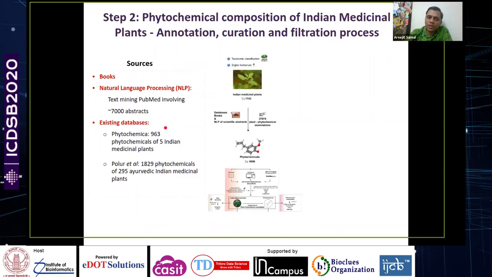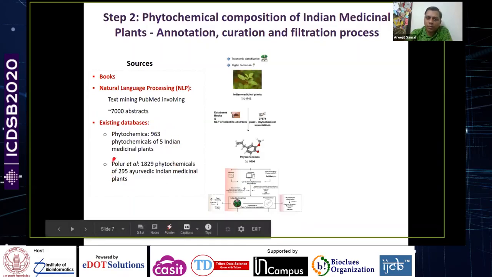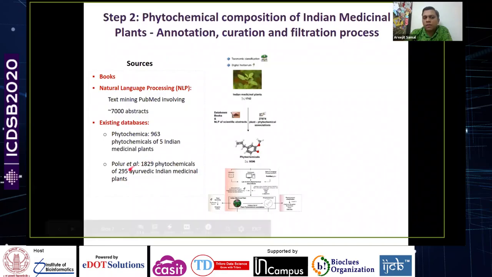So I should mention that my colleague Ganesh Baglar, who is now at IIIT Delhi, had built a database of 963 phytochemicals for only 5 Indian medicinal plants called Phytochemica that existed before our work. And there was another work by Polur et al., which captured 1829 phytochemicals of 295 Ayurvedic Indian medicinal plants.